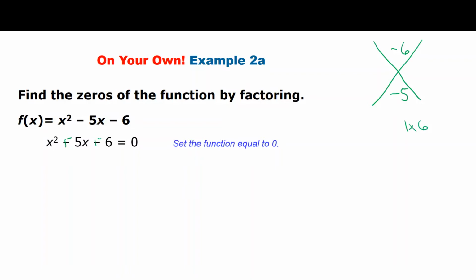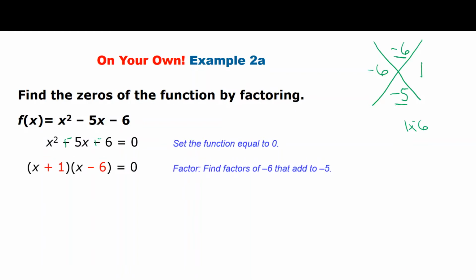And one of those has to be negative, and actually I can see that this is going to be the one that works for me. I can see that -6 times +1 multiply together to get -6, and -6 plus a +1 gets me a -5. So I can see my factors right there. So I'm going to be able to easily factor this, x plus 1 times x minus 6.